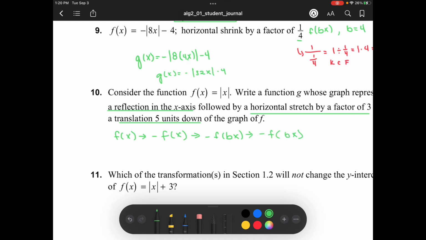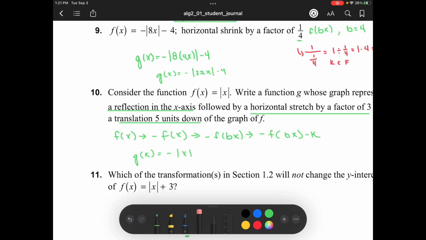So see how I'm just combining all of my rules here? That's what this is going to look like. So I'm going to start with g of x equals negative absolute value of x. That should be the first thing.